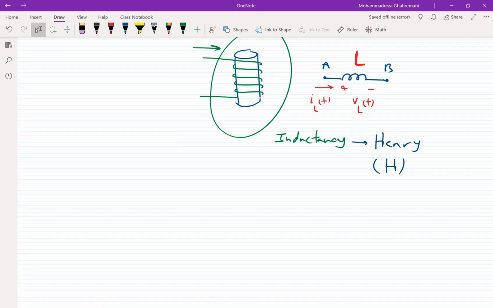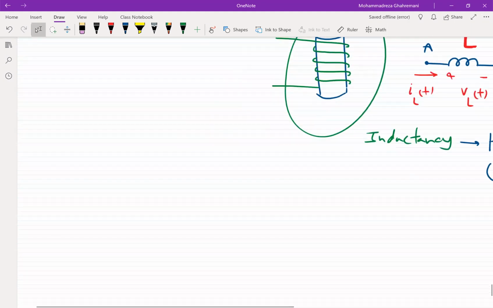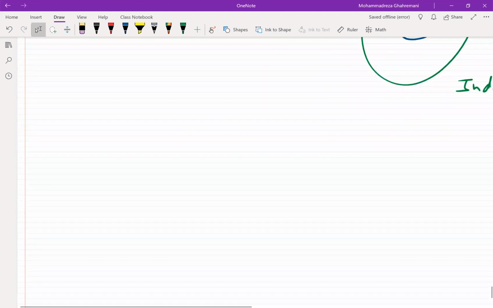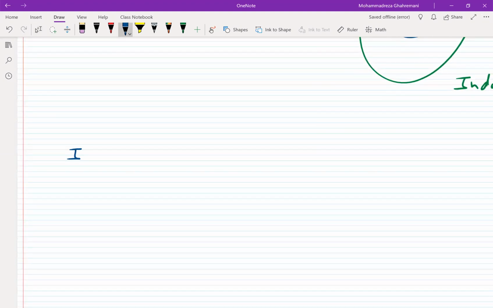And again, like capacitor, let's see what the IV relationship is in inductor.